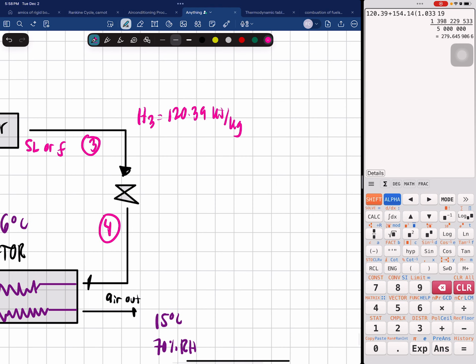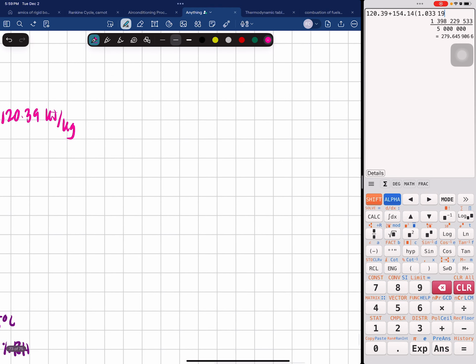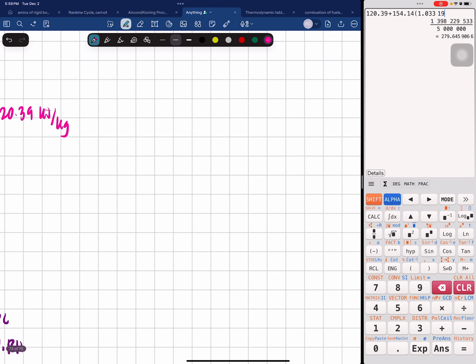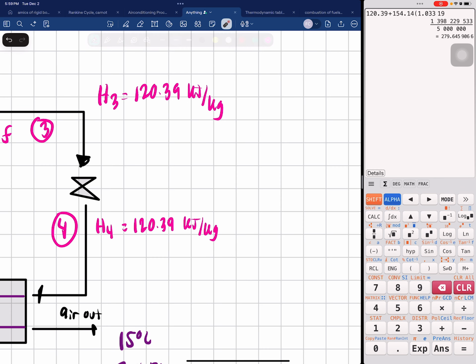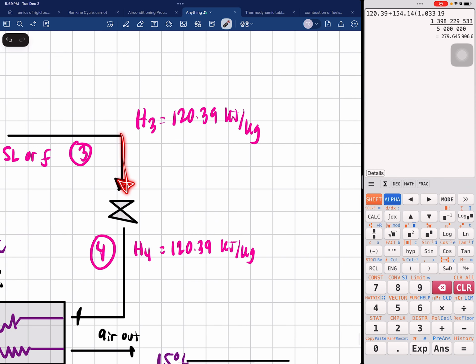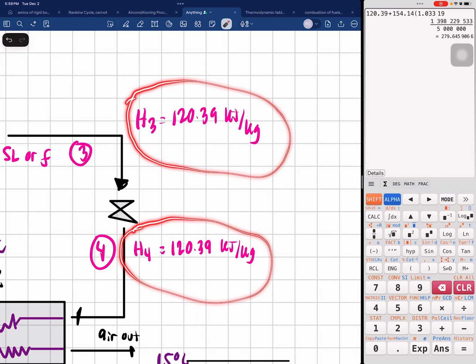And notice that if the process underwent an expansion valve, it is isenthalpic, meaning you have a constant enthalpy, meaning your H4 will also be your H3. It's gonna be 120.39 kilojoules per kilogram as well. Remember, when it passes through an expansion valve, you will be having a same value for your enthalpy.